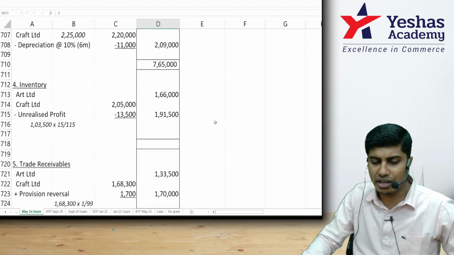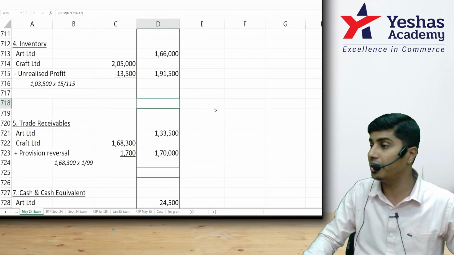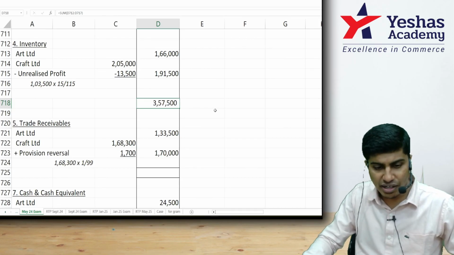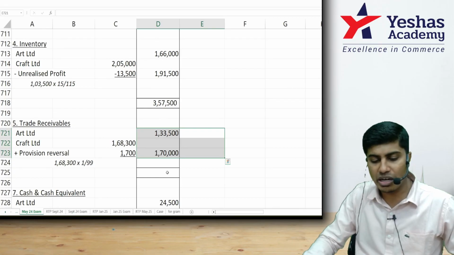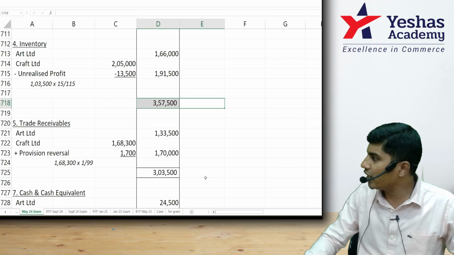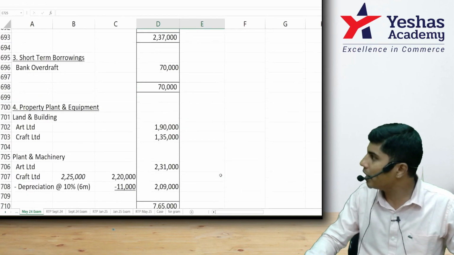Inventory, note number 5. 1,66,000 plus 1,91,500. 3,57,500. 1,33,500 plus 1,70,000. 3,03,500. I would write 3,57,500 and 3,03,500 to balance sheet.